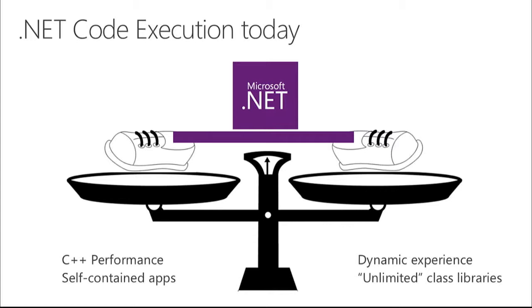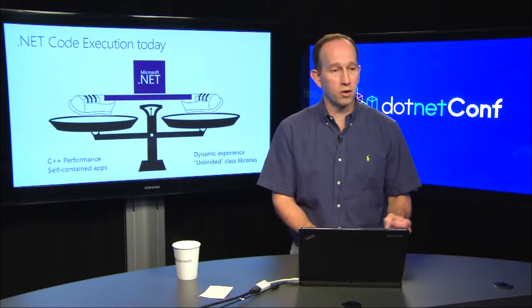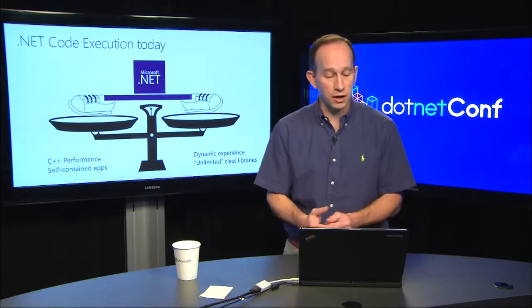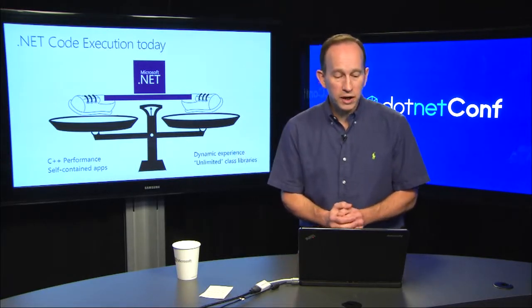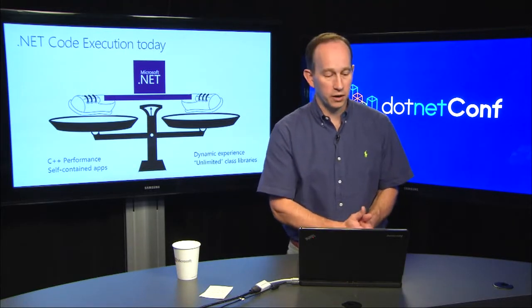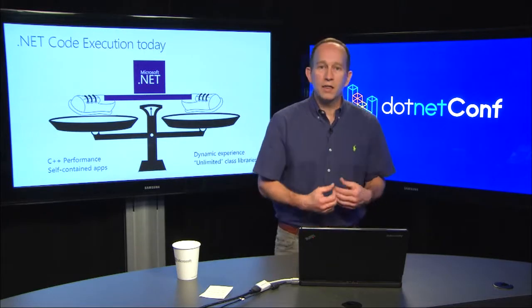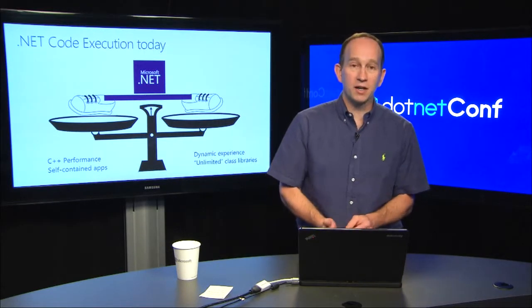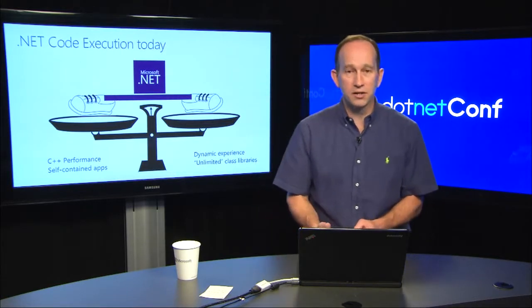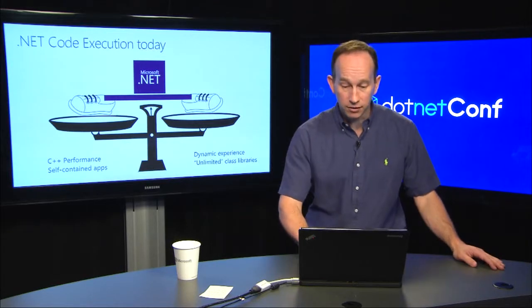If you need the JIT compilation, the dynamic experience, then you can JIT your app or JIT methods in your app if it's NGen. What we're doing with .NET Native is we're trying to hit one end of that spectrum really hard. We're really trying to get C++-like performance and the deployment characteristics of self-contained apps without giving up the dynamic experience, the unlimited class libraries, and all of the productivity features that make people love to use .NET.